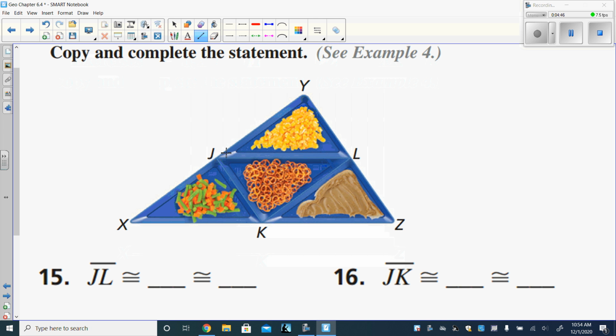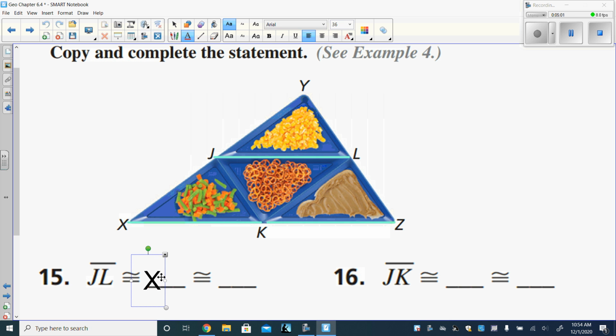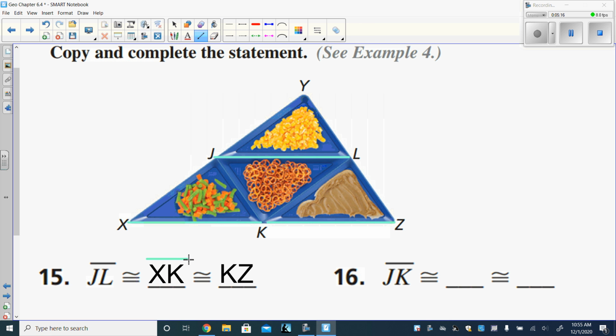So continuing on with this here, we have JL. That's going to be congruent to our other two parts of the line, these two here, because K is a midpoint. So XK and KZ are going to be congruent to each other because K is a midpoint, and because of our mid-segment property, all three of these segments are going to be the exact same.